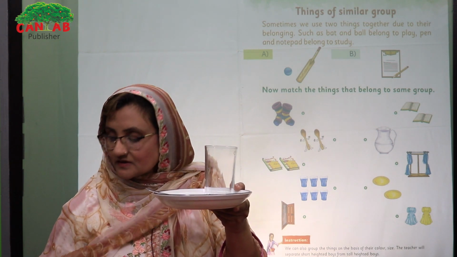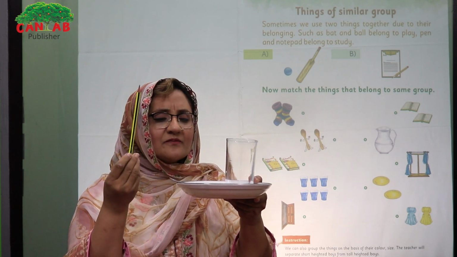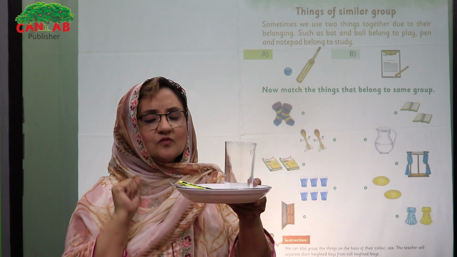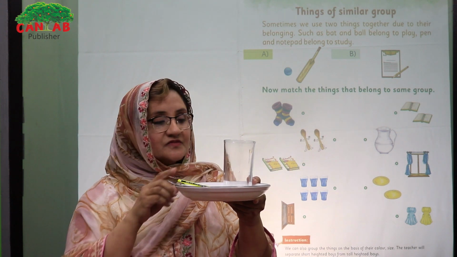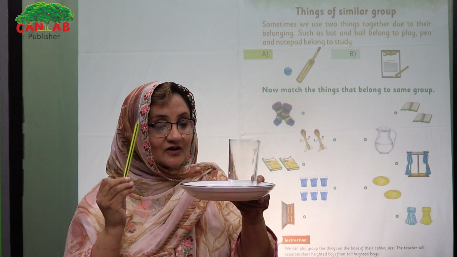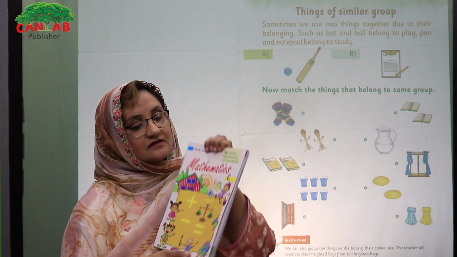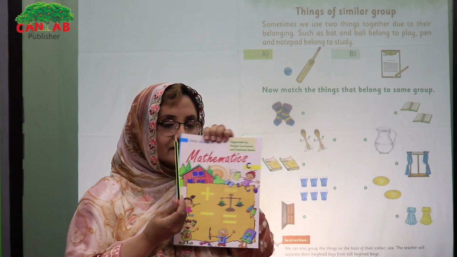And what about this one? This is a pencil. What would happen if I add it into this group? This couldn't be a part of this group. Now look at here. What if I am having a book and a pencil?